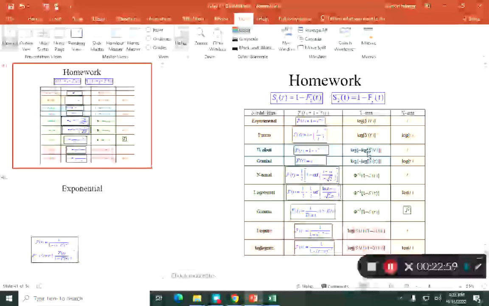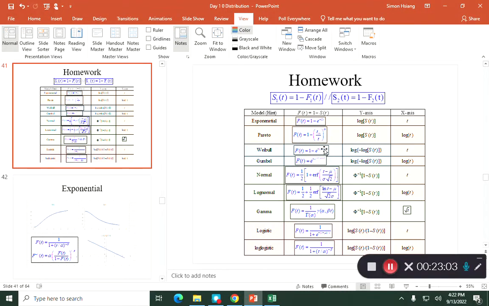Because you have the exponent, the k part on top, right? You have this negative. You see, the two things are different because you have this extra k exponent there. So you need one more log to linearize it. So if you take log of log rather than log, you will linearize it.